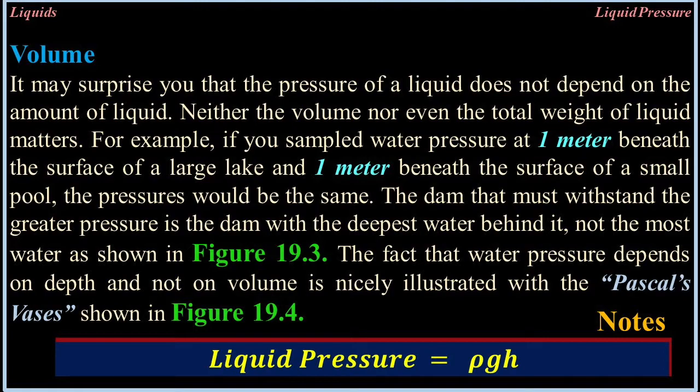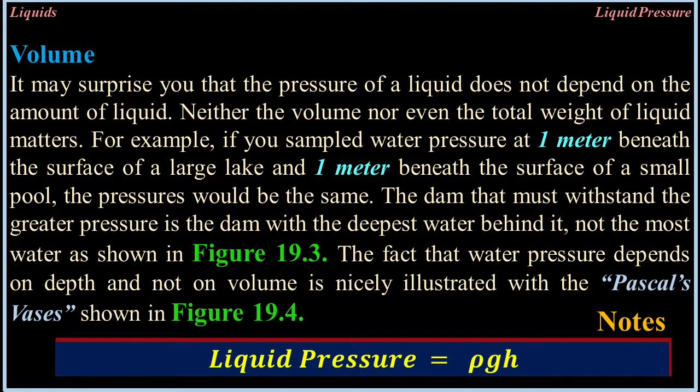Volume. It may surprise you that the pressure of a liquid does not depend on the amount of liquid. Neither the volume nor even the total weight of liquid matters. For example, if you sampled water pressure at 1 meter beneath the surface of a lake and 1 meter beneath the surface of a small pool, the pressures would be the same.